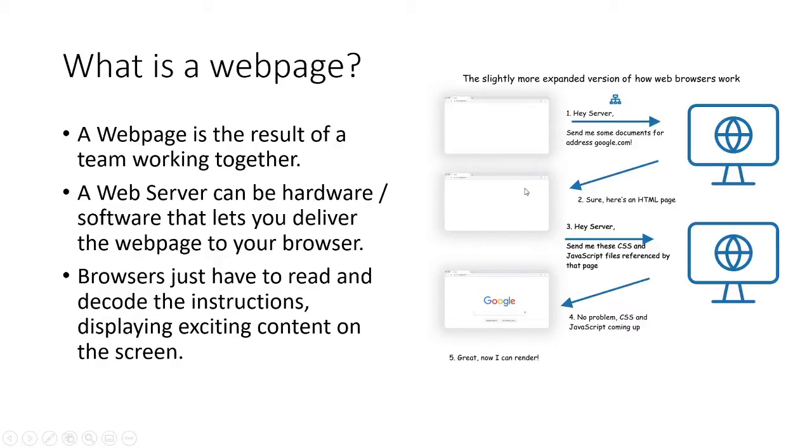While it's loading, it won't display immediately, but it's going to go back and say, hey server, send me the CSS and JavaScript files referenced by that page. I'm going to explain what CSS and JavaScript are in later videos, but CSS is used for designing your HTML page, and JavaScript is used for a little programming logic that you can write.